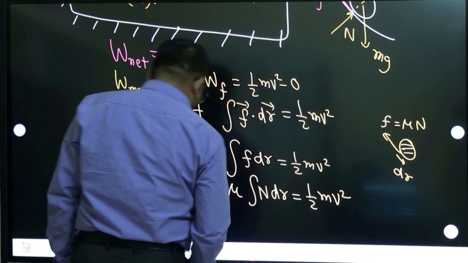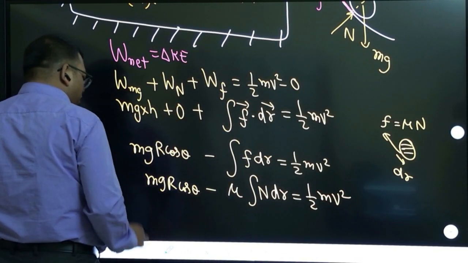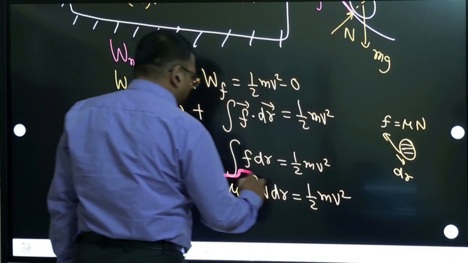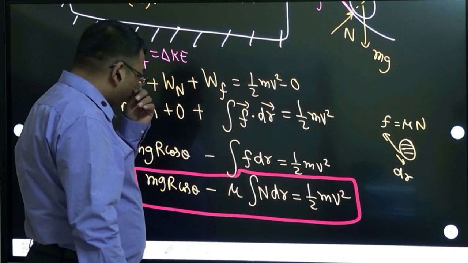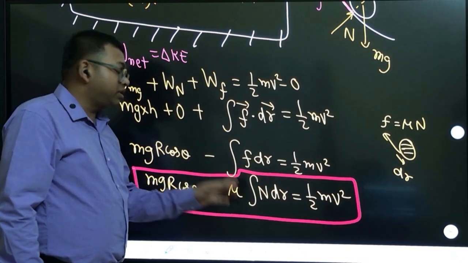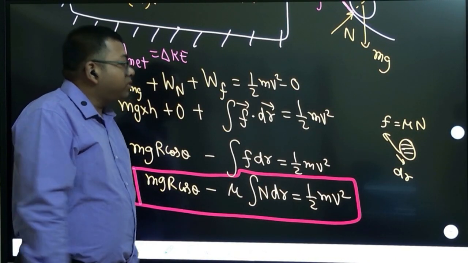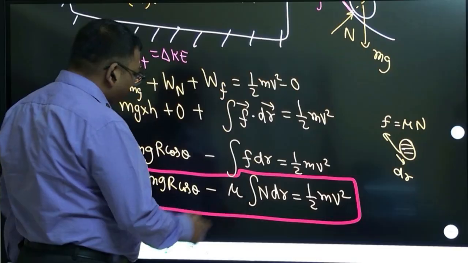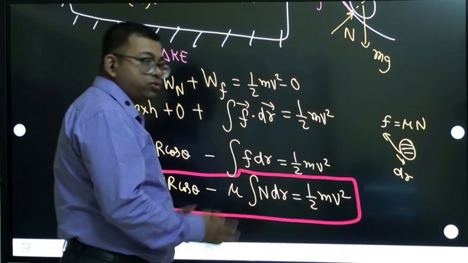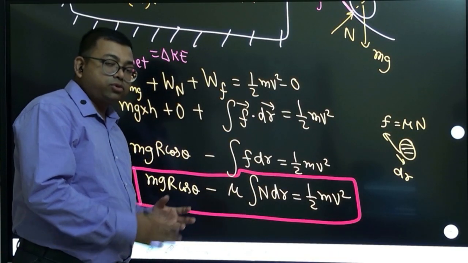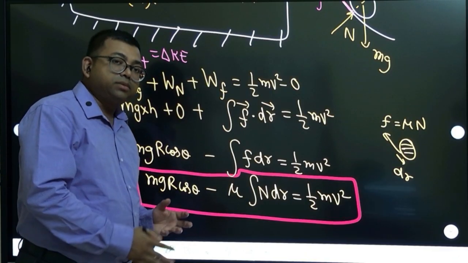At this position we are getting stuck because we do not know how to solve it further. We need to know how to integrate normal, but we have no idea about the normal. So to study the normal we have to study the forces, and we have to consider the net force toward the center, which is the centripetal force.